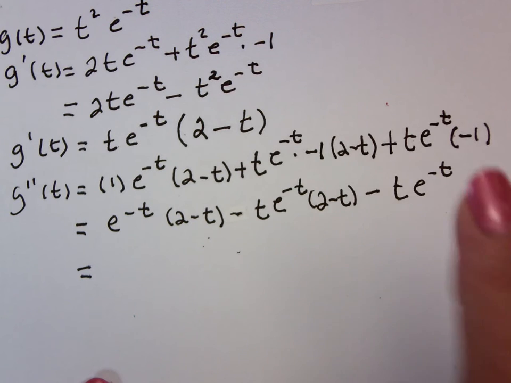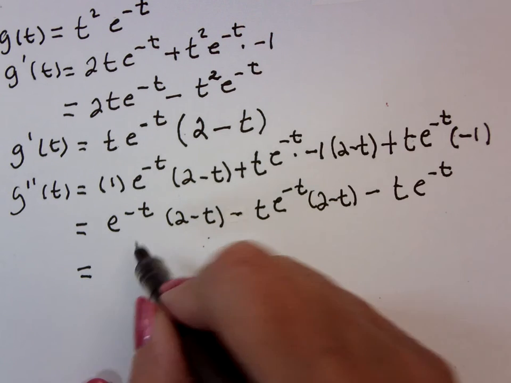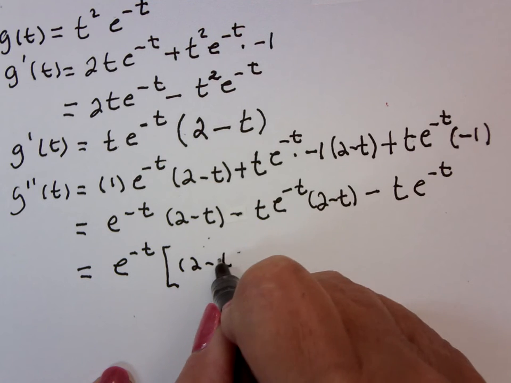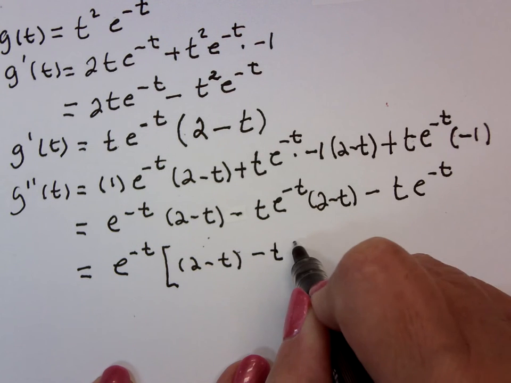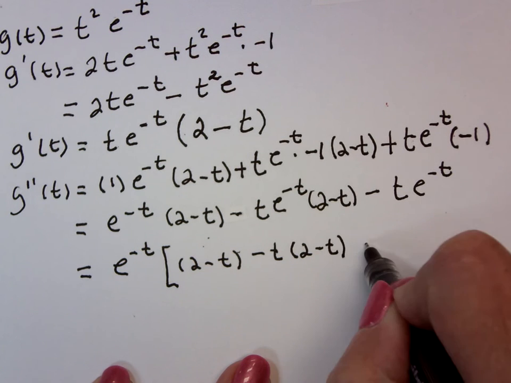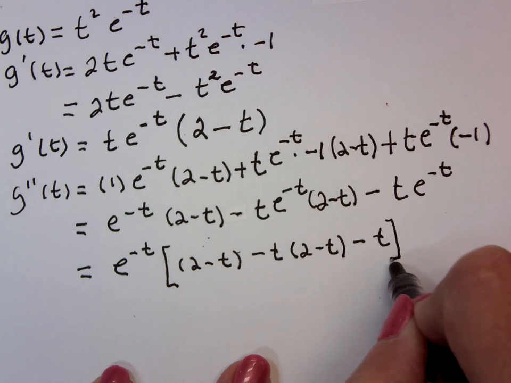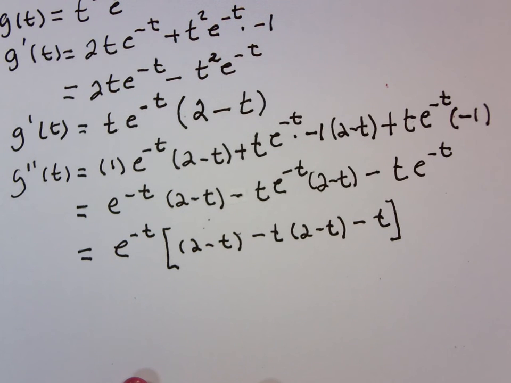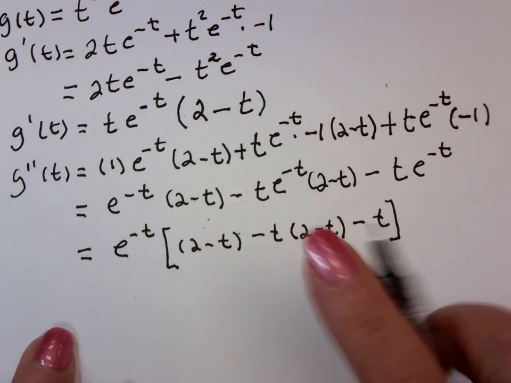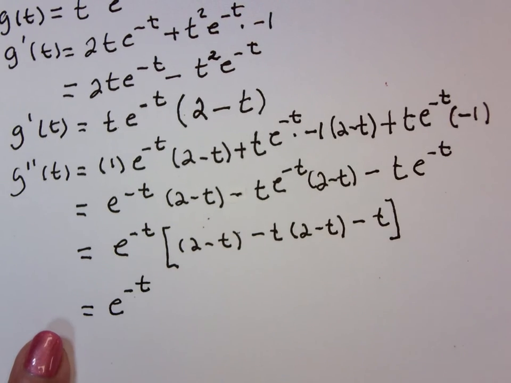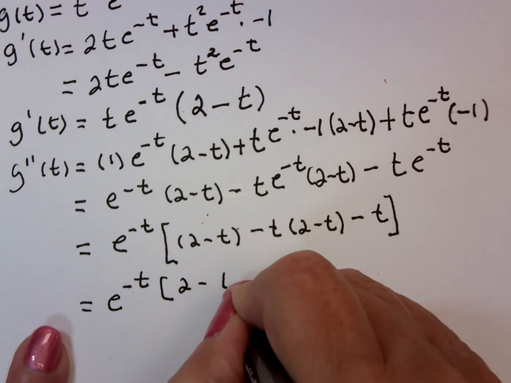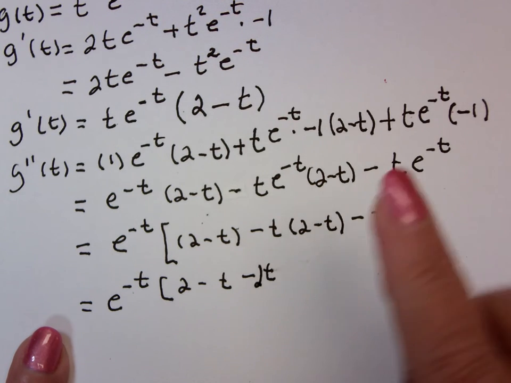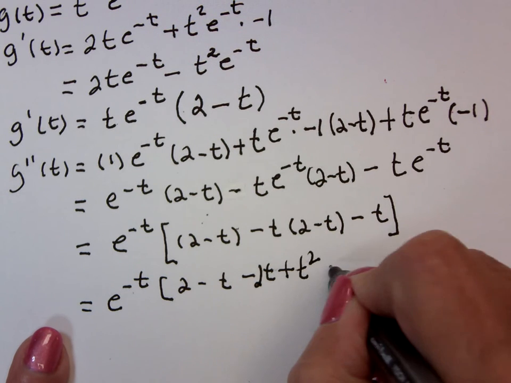Greatest common factor of e to the minus t, you're going to have a 2 minus t times 2 minus t minus t, which is e to the minus t, 2 minus t, minus t, minus 2t, minus 1 times 2 is minus 2t, plus t squared, minus t.